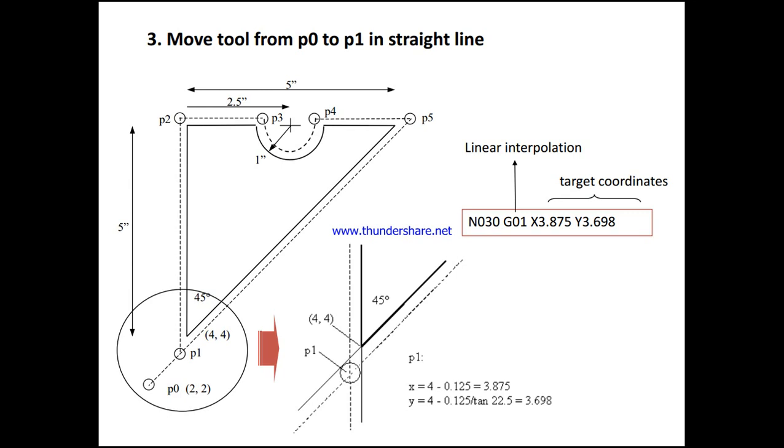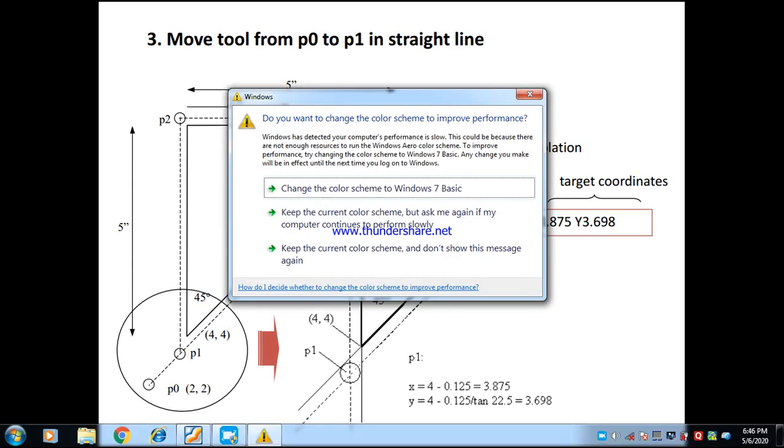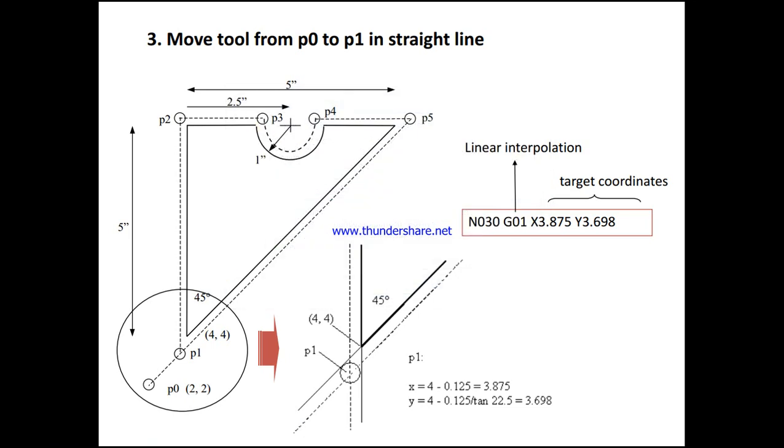So here the linear interpolation sequence is N30, G01, and X is 3.875 and Y is 3.698. So it is the coordinate what we have.